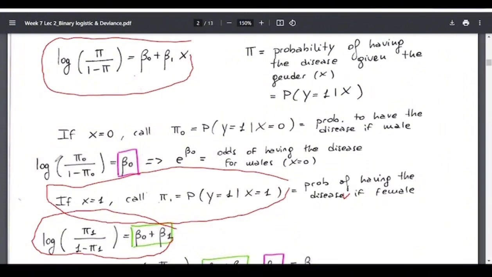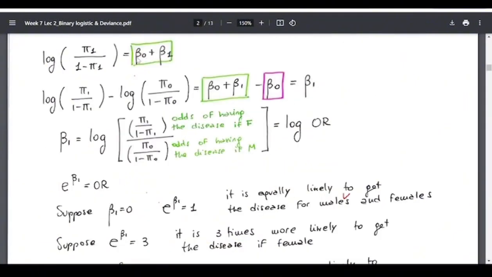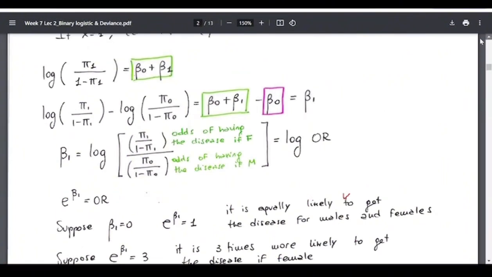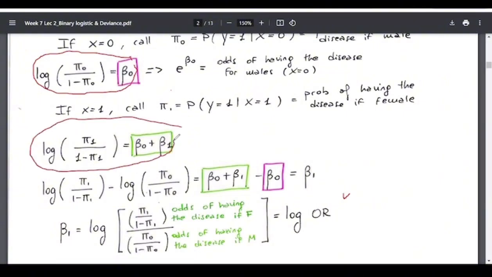Please pay attention. Where we are now is going to take us to a different range. Now, look at where we are now. Can you see where we are now? We can look at the difference between when I consider male and when we consider female.